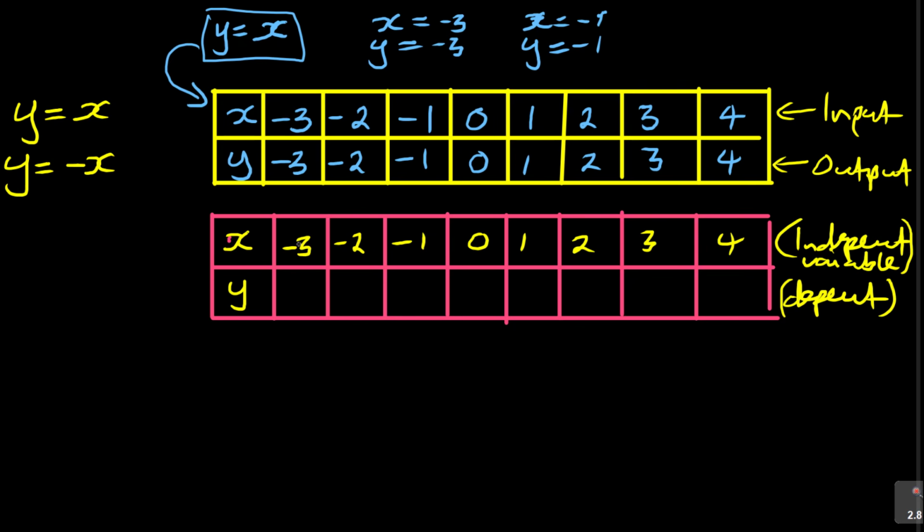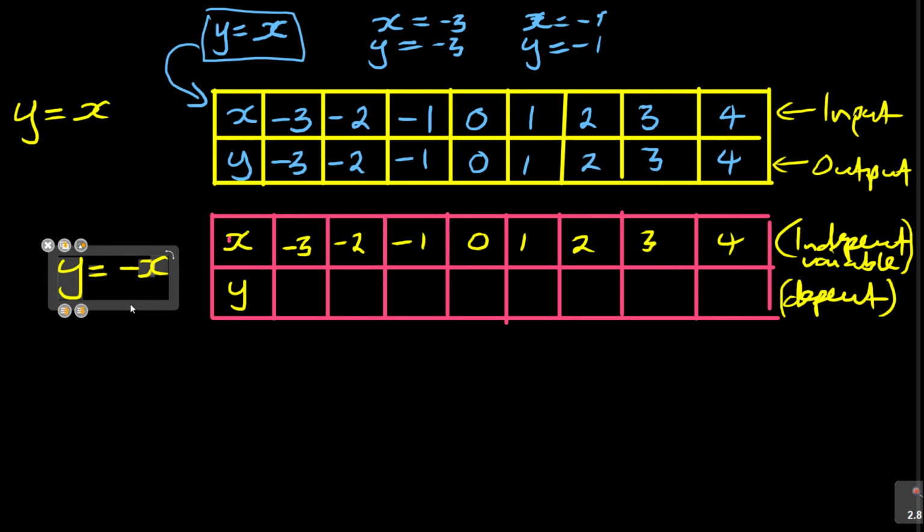So you come here and say, okay, this was the graph, and the one that we're having here is the graph of y is equal to -x. Now, look at this. We are saying y is equal to -x.